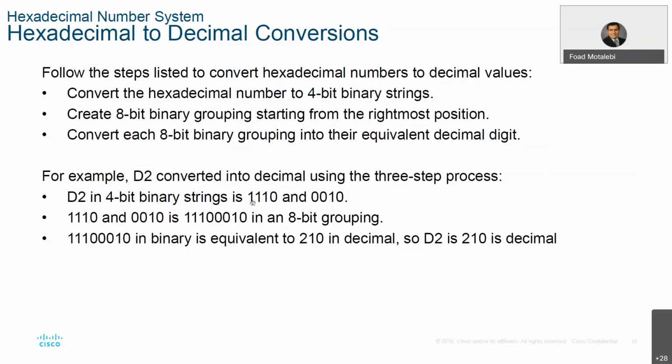Your D is 1101 and your 2 is 0010. Now you can convert this 8-bit binary into base 10. That would be 210 in decimal.